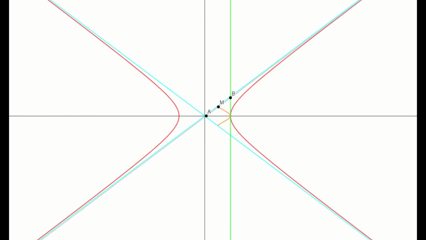Okay? So if we speed this up a bit, you can see M is following that path. Okay? So hopefully that demonstrates what we need to do in this question.